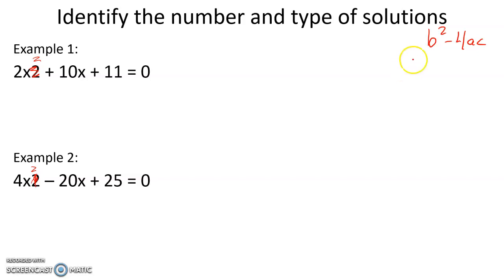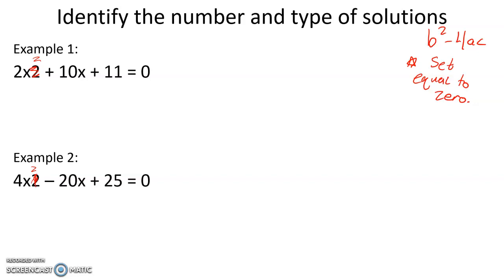So one thing that isn't written on there, but I'm definitely going to write up here, is equal to 0. So from basically here on out, with the equations that we're working with, we need to make sure our quadratics are set equal to 0.